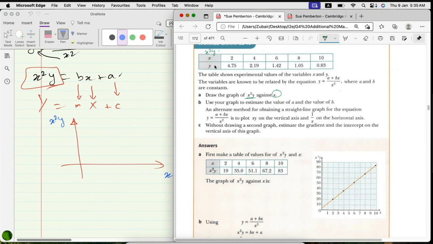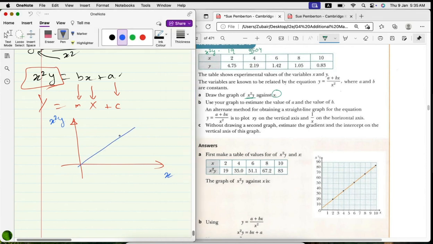Just trying the first one. 2 square into 4.75 gives me 19. Then 4 square into 2.19 is giving me 35.04. These two values are enough to judge that x is increasing and y is also increasing.